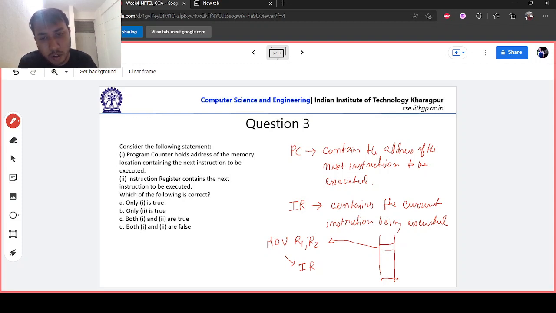So the IR contains currently this instruction, and PC will point to the next instruction that will be executed, that is the next one. So that is the basic difference between PC and IR. So in this context, option A is the correct answer because only the first statement is correct.